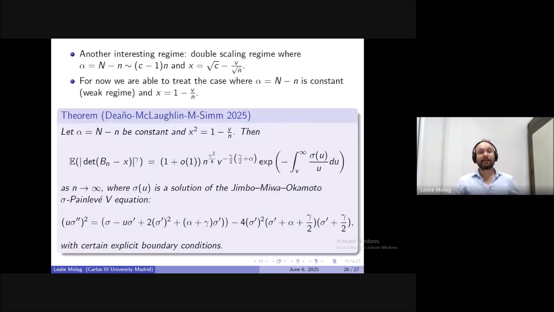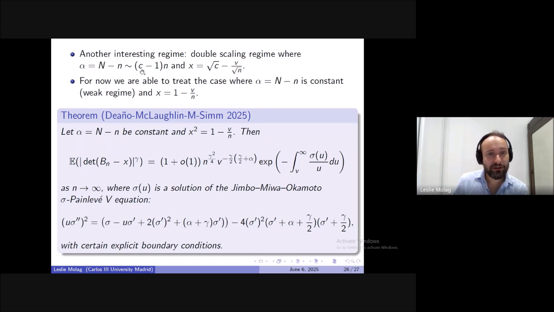So let me then finish with some direction that we want to pursue. As I told you before, Lee and Young also considered the case that the point insertion is outside of the droplet, or on the droplet boundary, or close to the droplet boundary. This latter case is known as the double scaling regime. So here we don't only consider alpha of this form that you see here.